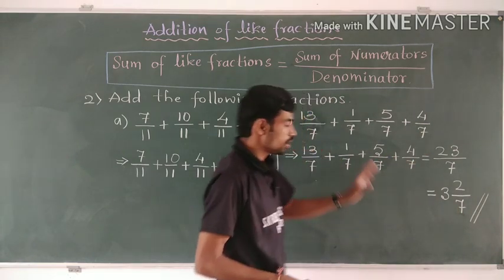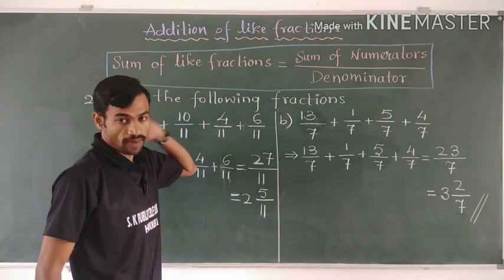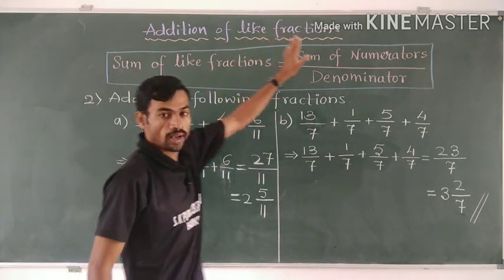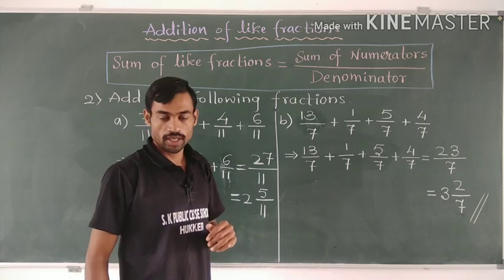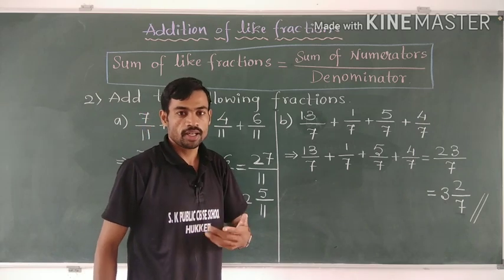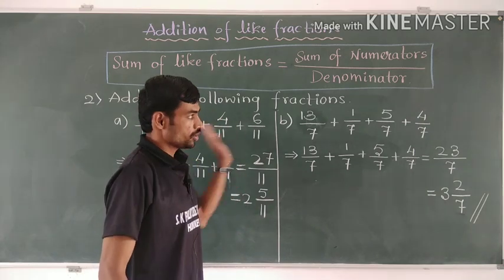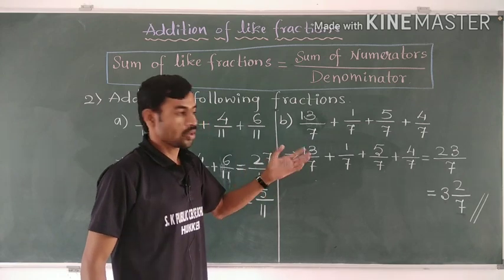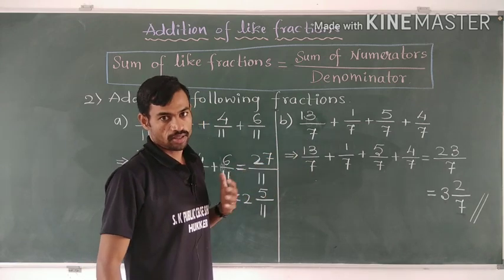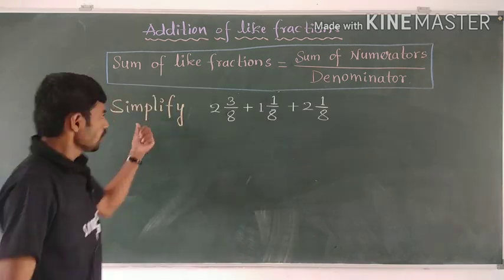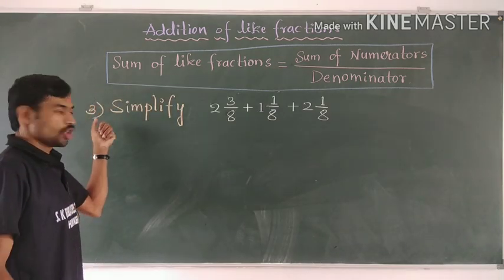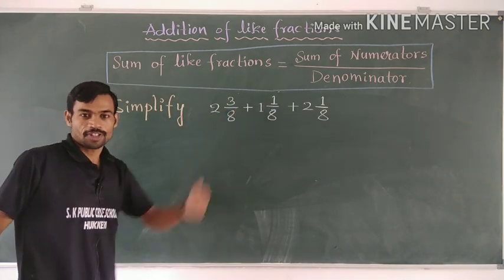Clear? So this is the sum of like fractions, addition of like fractions. Clear? Understood? So let us take one more example. Here the questions are different compared to these examples. Now the third example is totally different from the first two.